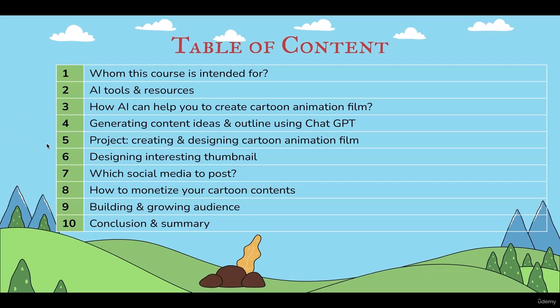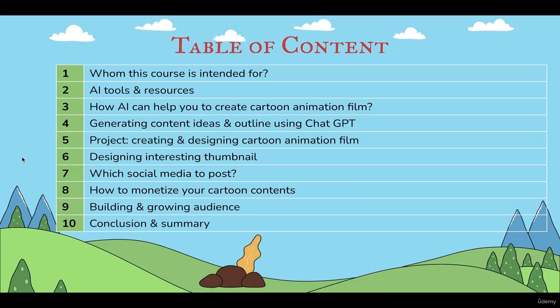And chapter 5 here, it's going to be like the main component of this course, which is the project. So you're going to be fully guided step by step on how to create and also edit your first film, your first cartoon film, right, using AI tools. We're going to be outsourcing vast majority of the works to AI. So yeah, that's chapter 5.